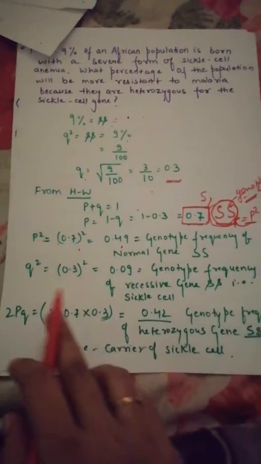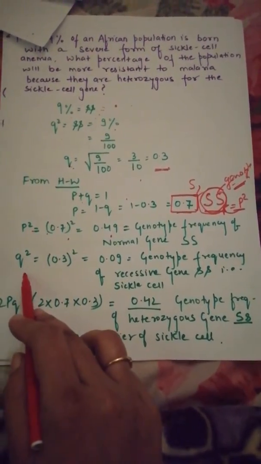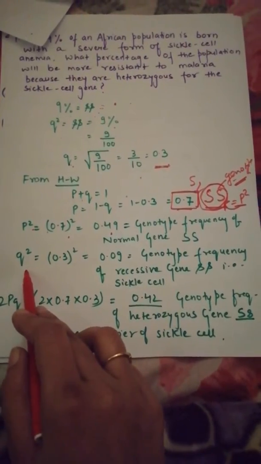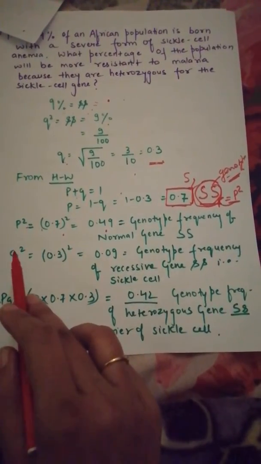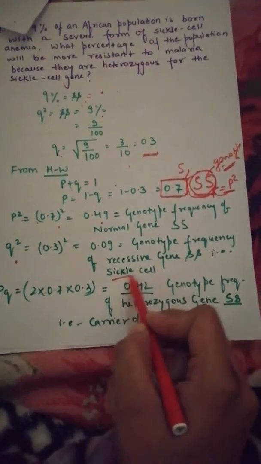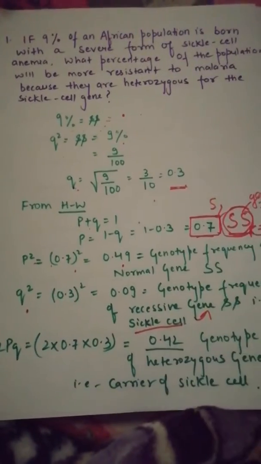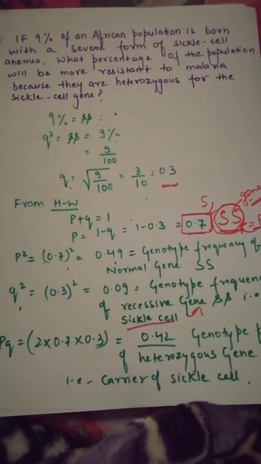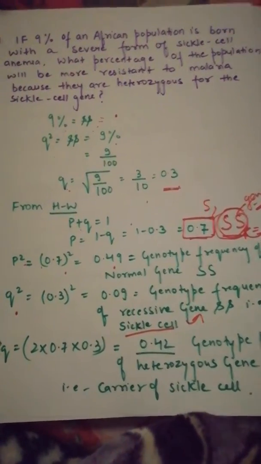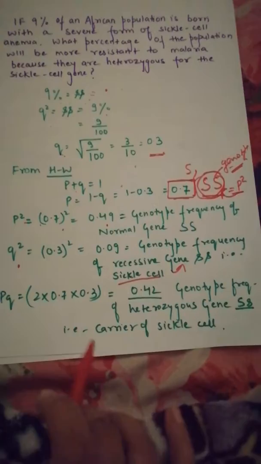q squared, as we know, q is the frequency of the recessive allele, and q squared is equal to the genotype frequency of the recessive gene, that is sickle cell. Sickle cell is caused by the recessive gene. Here only 9%, that is the recessive genotype, is given. So from the Hardy-Weinberg equilibrium, we found p.